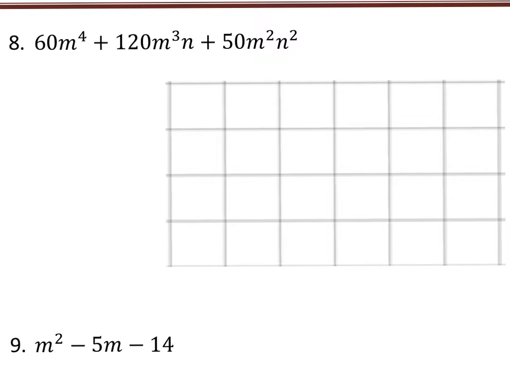So here we have one that's a little more challenging. We have 60m to the fourth plus 120m cubed times n plus 50m squared times n squared. And we need to look for a greatest common factor. And I see m squared, m to the third, and m to the fourth.